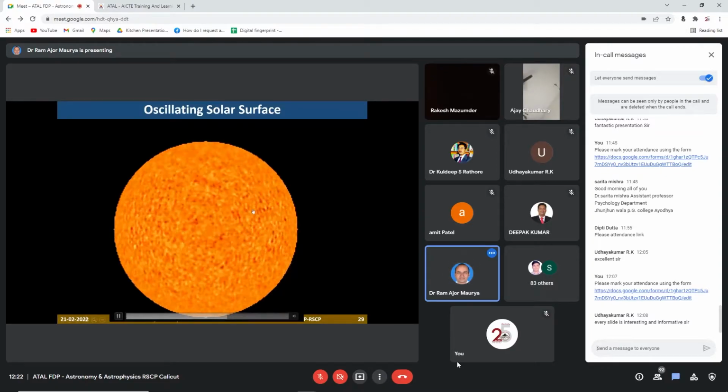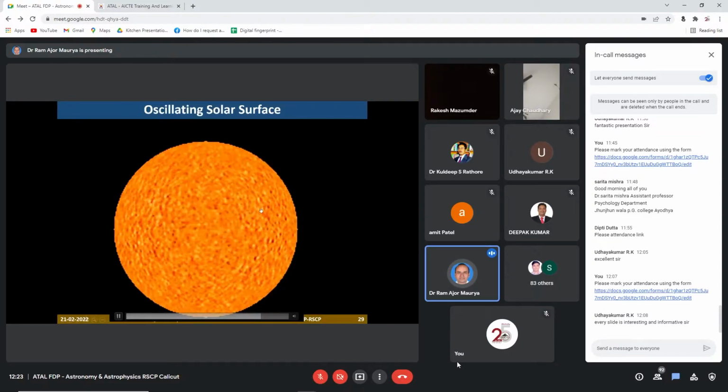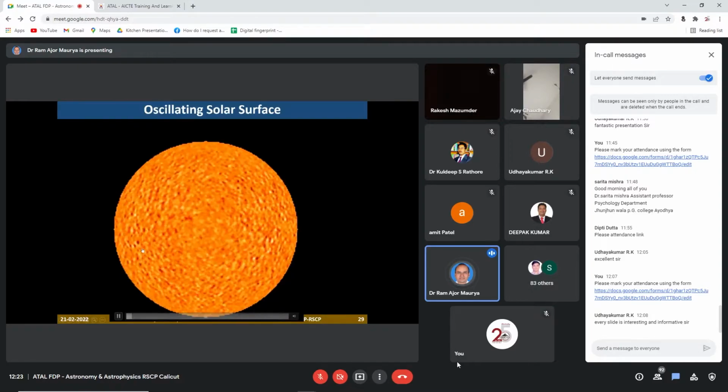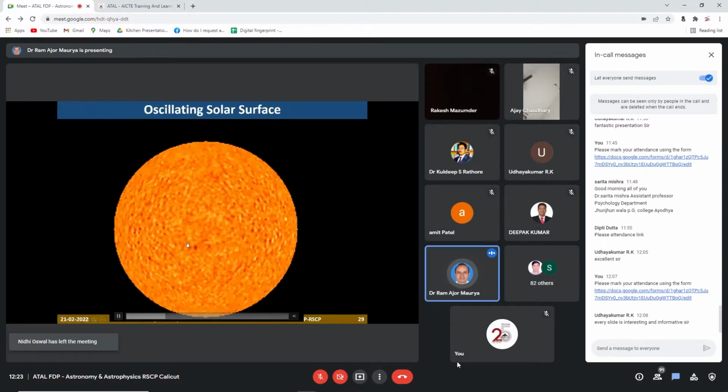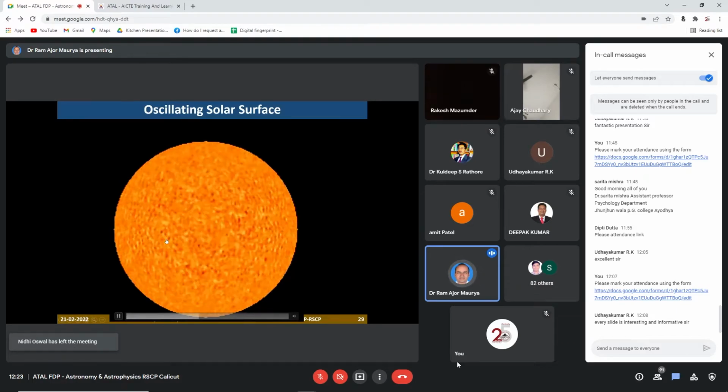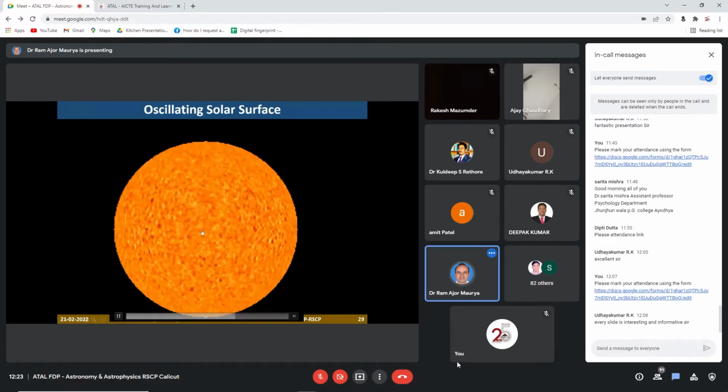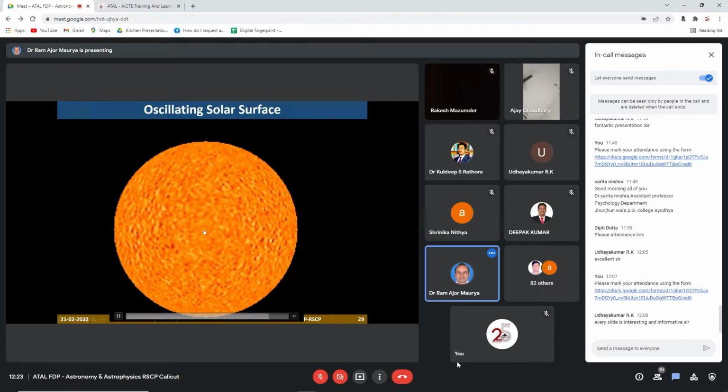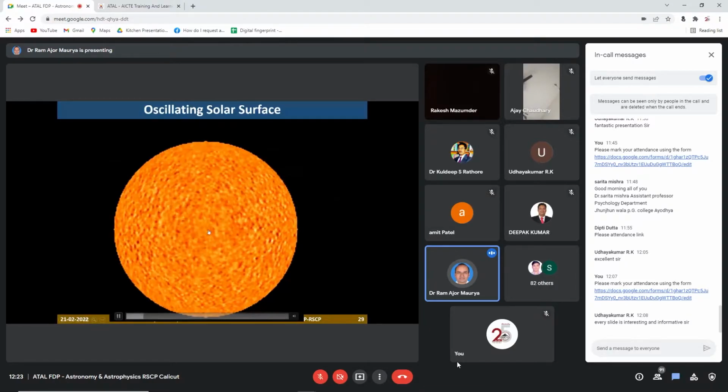Then we can make it into an image, which is called the Dopplergram. And we can have this as a function of time. For different times we can observe the Dopplergrams and plot them. So you will find this kind of features here. You can see there are up-down motions.